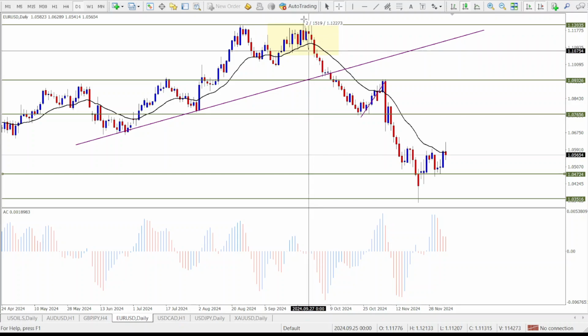And that would have given us about 160 pips stop loss. And for our take profit, we should be looking for a minimum of 320 pips if you're going to be having a risk to reward ratio of 1 to 2.